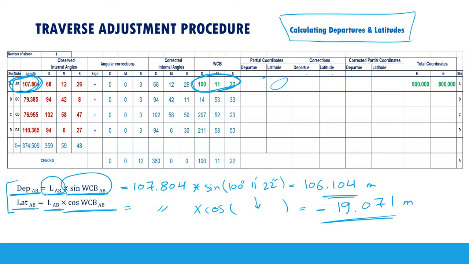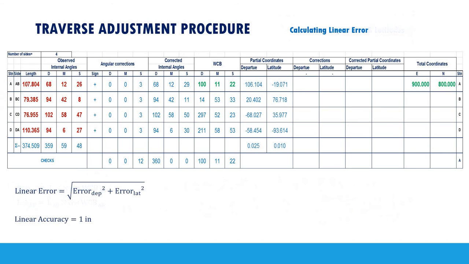So the departure is the length times sine this angle, the latitude is the length times cosine this angle, and so on. For line BC, the departure here is the length of BC times sine whole circle bearing. The latitude here, it would be the length times cosine this angle, and so on. Let me calculate these values for you now. And these are the final answers for the departures and the latitudes.